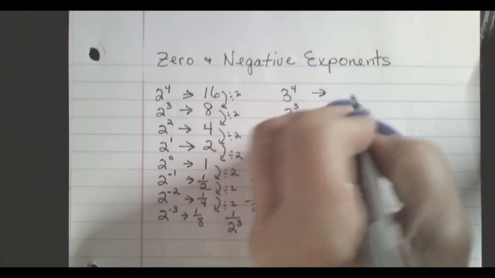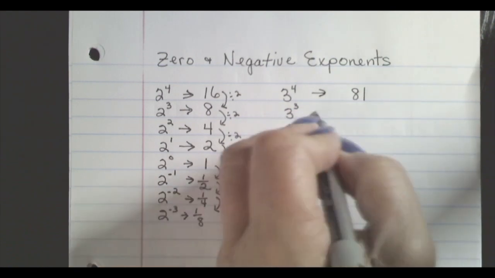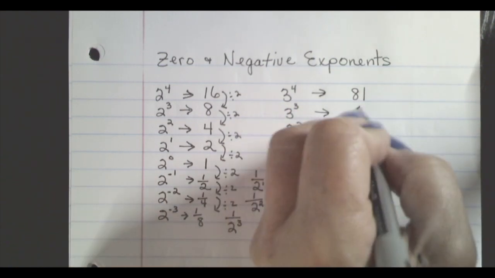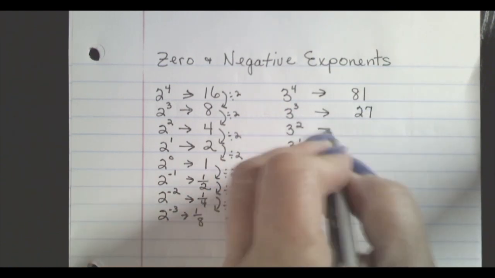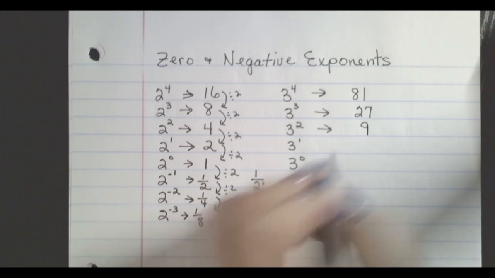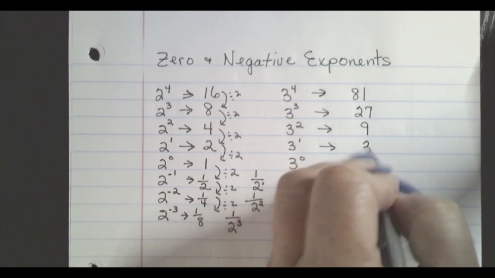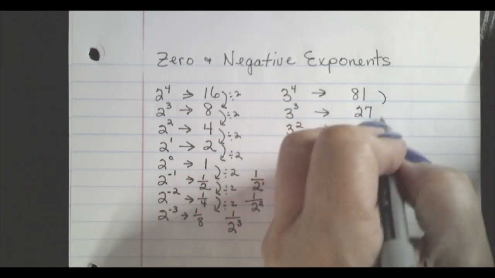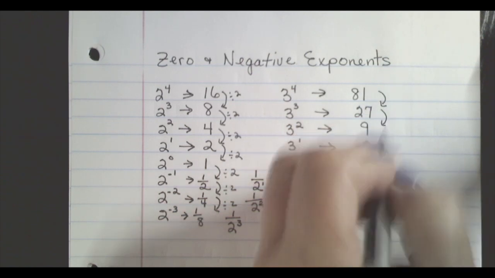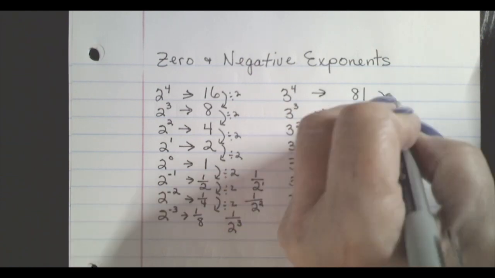The same is going to happen with my 3's. 3 to the 4th power is 81. 3 to the 3rd power, 27. 3 squared, 9. 3 to the 1st power, 3. As you can see, as we go down our table, we are dividing by 3.